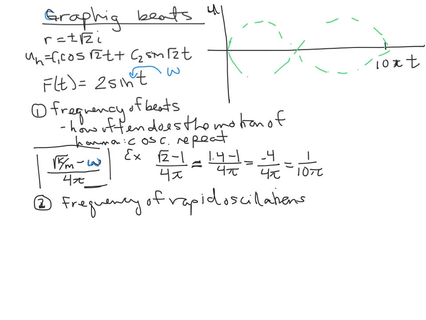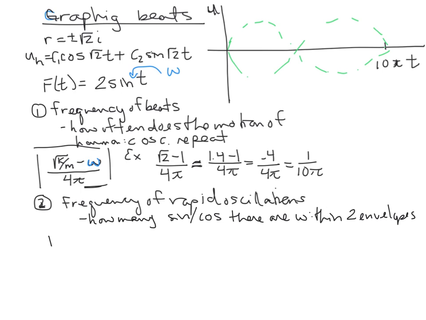So there are lots of cosines and sine functions within these 2 envelopes, and we want to know how many there are. And the answer is how many sine or cosine functions there are within the 2 envelopes.